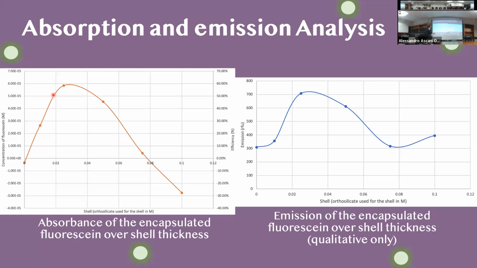Since we're using very low concentrations of orthosilicate, this occlusion is not enough to fully close the pores. And we indeed have the maximum retention at 0.025 molar, meaning that at this point, we are hitting the sweet spot in the size of the pore diameter, meaning that the pores are so small that they do not allow the fluorophore to go out. But still, there is light that hits the fluorophore, making it able to be detected, essentially.